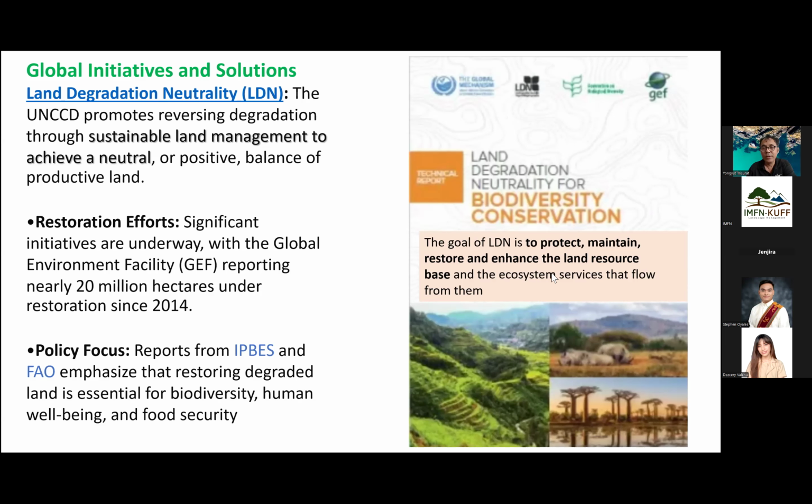neutrality is to protect, maintain, restore, and enhance or enable nature, to provide ecosystem services and to provide food productivity to humankind.